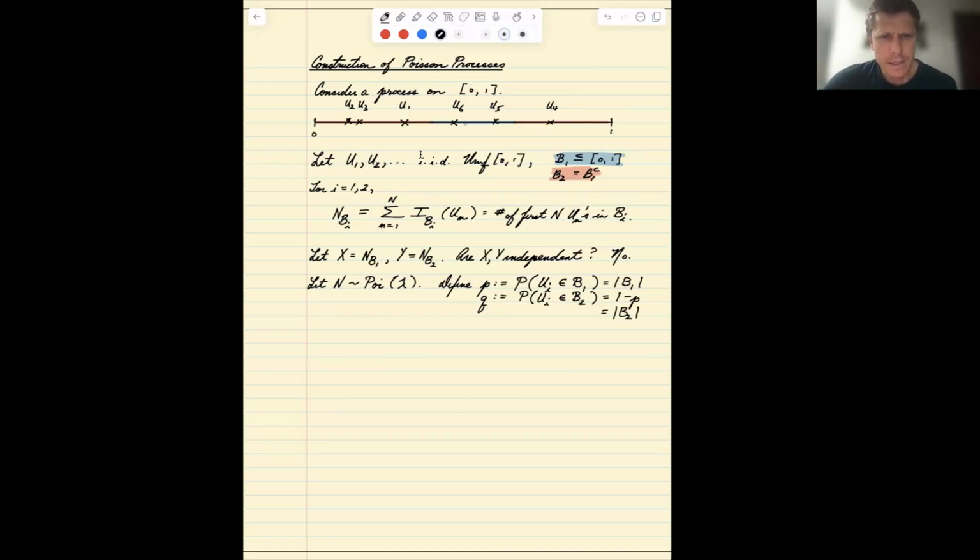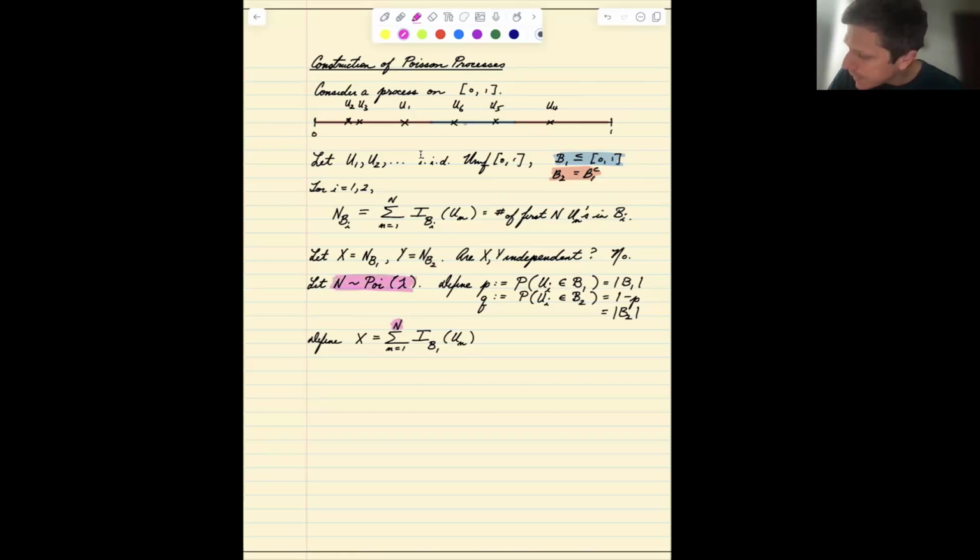All right. Now we're going to define X as the sum from 1 to N, but now the difference is that the upper limit of the sum, N, is a random variable in this case.